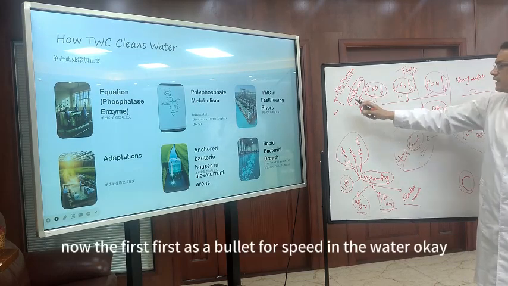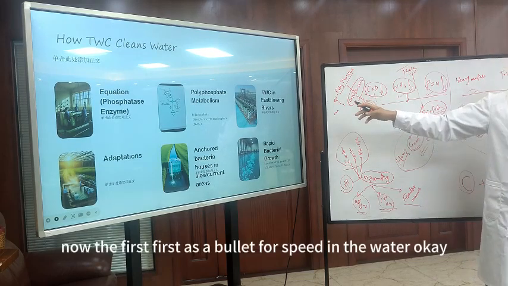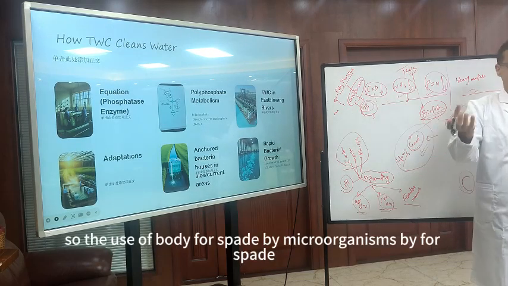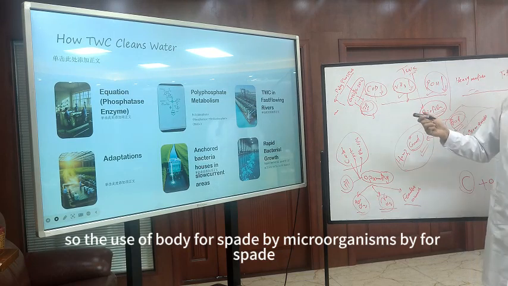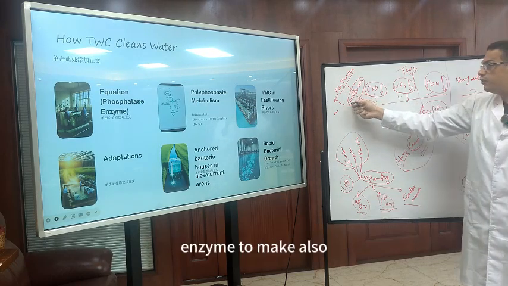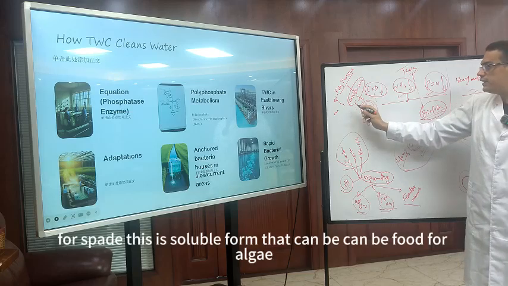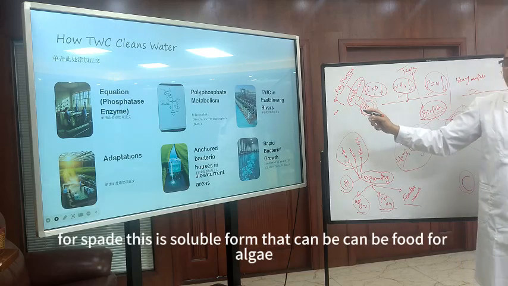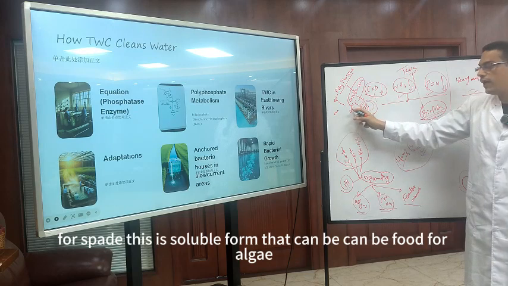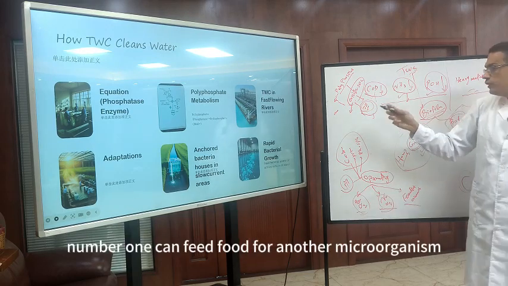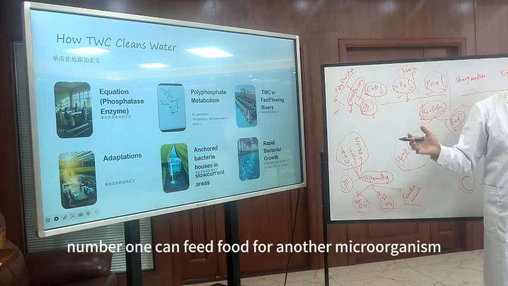Okay. Now the phosphorus is a polyphosphate in the water. The microorganisms use the polyphosphate, with the phosphatase enzyme, to make orthophosphate. Orthophosphate is the soluble form. That can be food for algae, number one, and can be food for another microorganism.